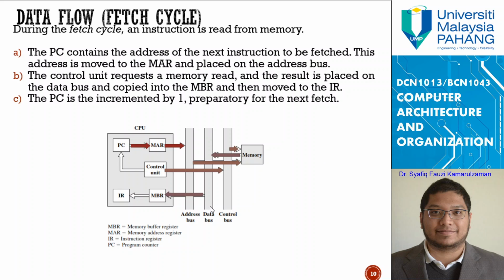From the data bus it goes to the memory buffer register, and then it moves to the instruction register. So here is where your program counter gets the instruction for execution of your program. Next, the PC is incremented by 1, meaning the first instruction is received, now proceed to the next instruction. So this is what happens inside your CPU.